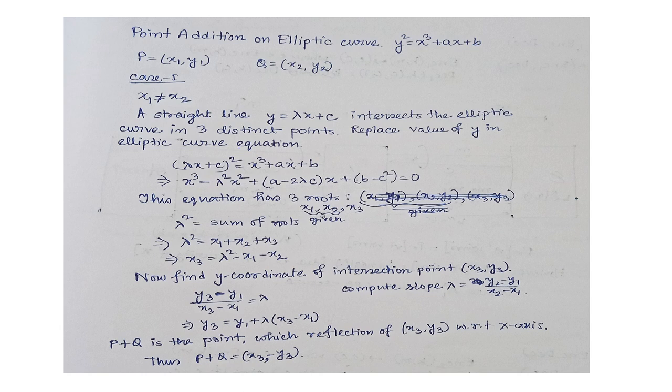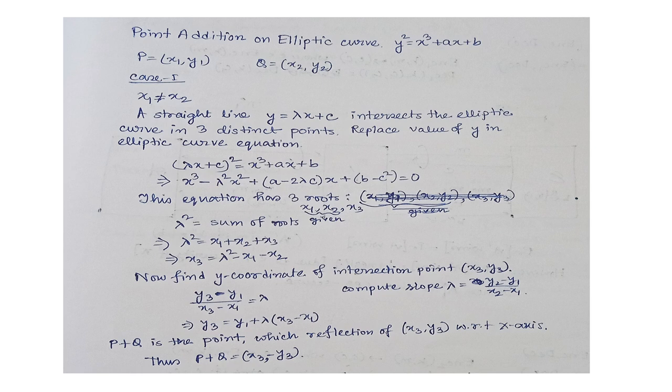That will be the reflection of a point, which comes from the straight line going through P and Q. Any straight line that passes through P and Q also intersects the graph in some third point, so it necessarily intersects the graph in 3 points. Among the 3, P and Q are given, and the third point you compute first, and then you take the reflection of that point as the sum of P and Q.